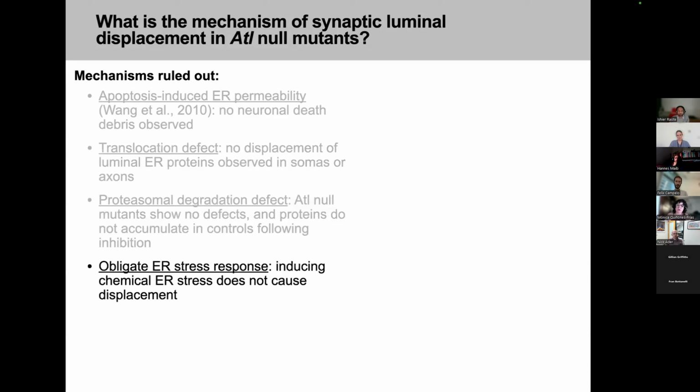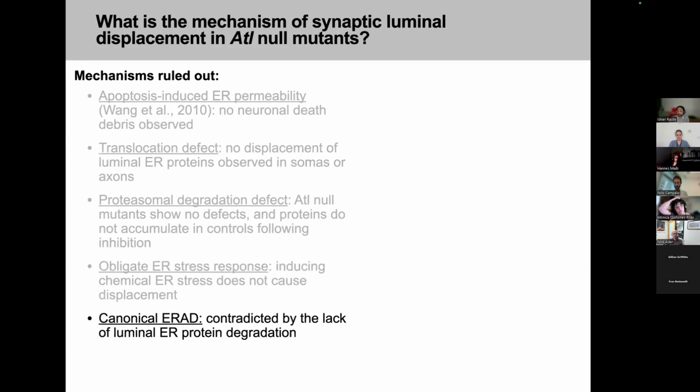We actually also tried inducing ER stress with DTT to see if that would induce the displacement of luminal proteins in controls, and that also did not lead to the displacement phenotype that we see in Atlastin mutants. So it's not just an activation or not of ER stress.